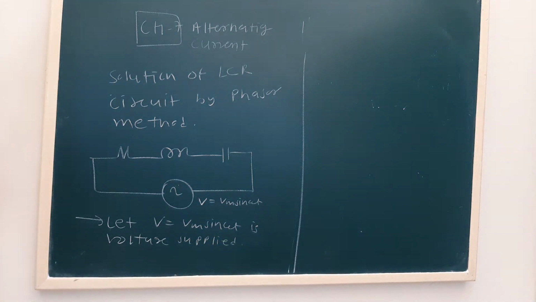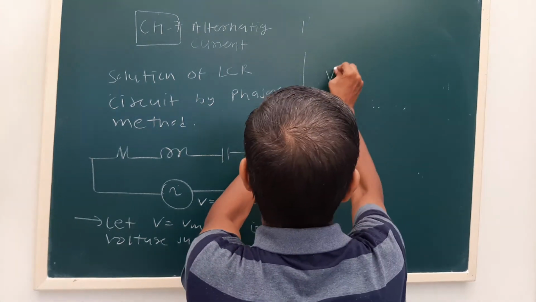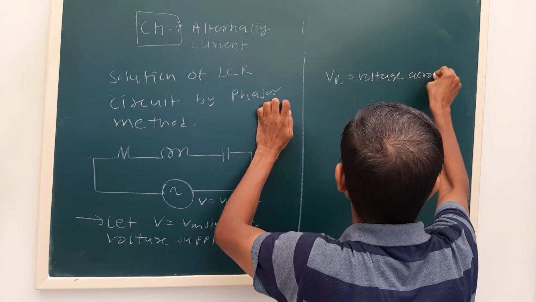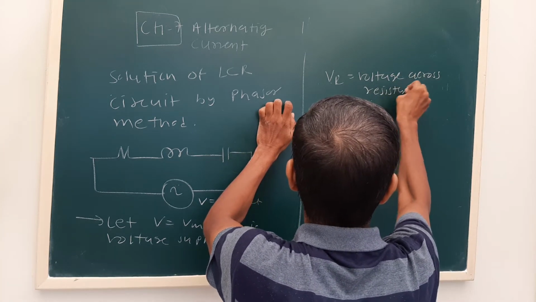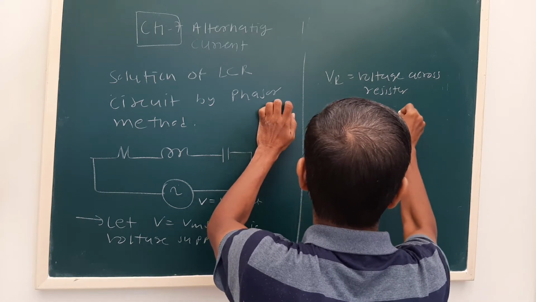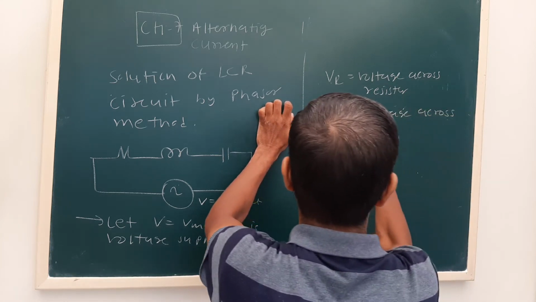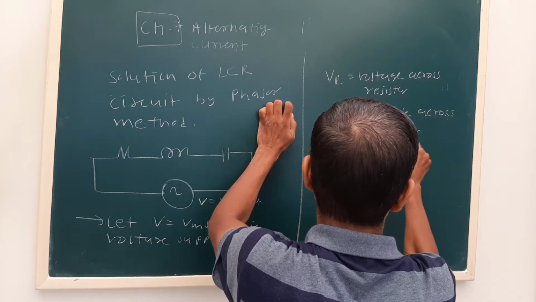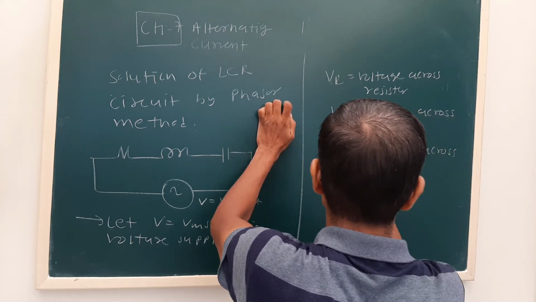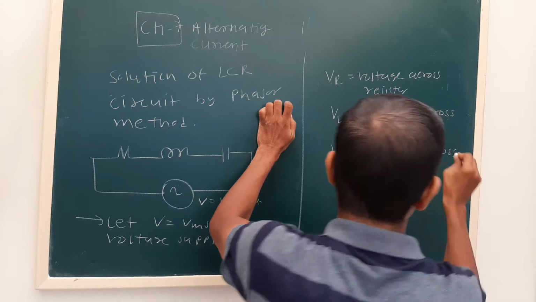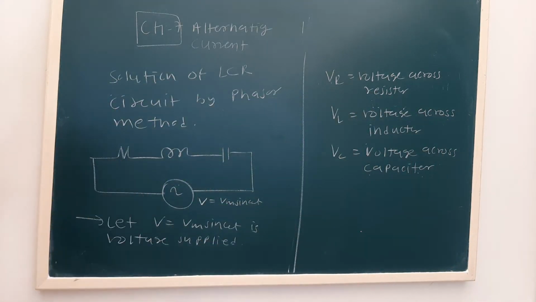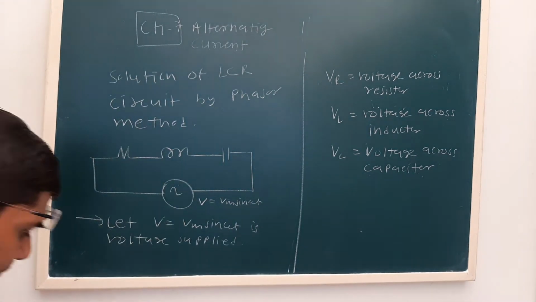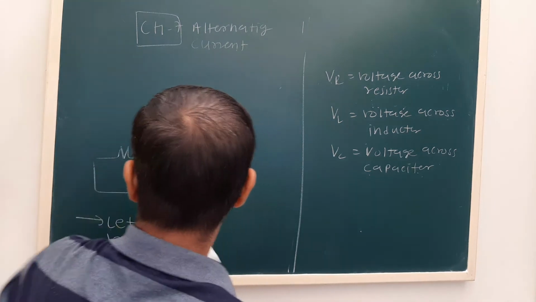Now see the phasor relation which I mentioned just now, we have to see in only one diagram. So we can represent like this.